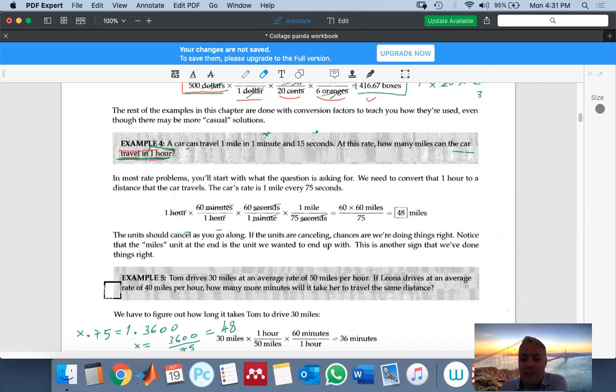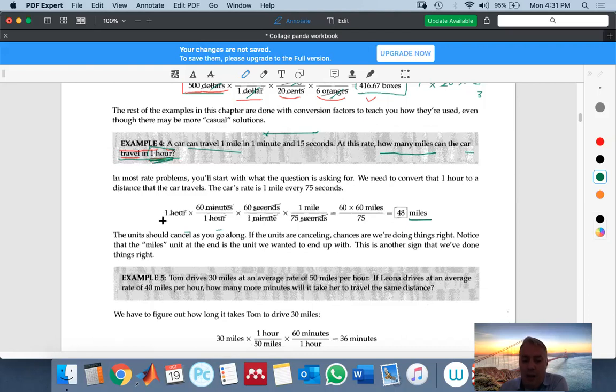So what is given, what is asked, we are checking. The question says, how many miles? So at the end, I should get miles. So the terms I have to cancel out. How? I am talking about 1 hour. Where is it here? 1 hour. So 1 hour times 60 minutes, since 1 hour consists of 60 minutes. And then this minute and this minute I have to simplify.